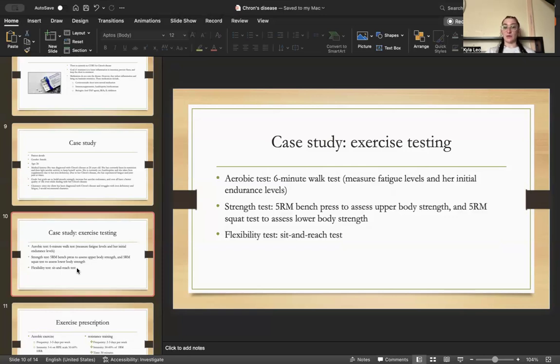For the strength test, I would do a 5 RM bench press to assess upper body strength and 5 RM squat test to assess lower body strength. Why I picked 5 RM instead of 1 RM is because she does not do much strength training, if at all. So to start her with a 1 RM might be too strenuous on her. So I felt the 5 RM was more appropriate. And for the flexibility test, I would conduct a sit and reach test to get an overall sense of where her flexibility is at.